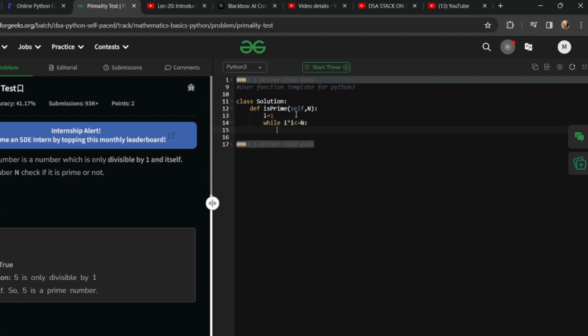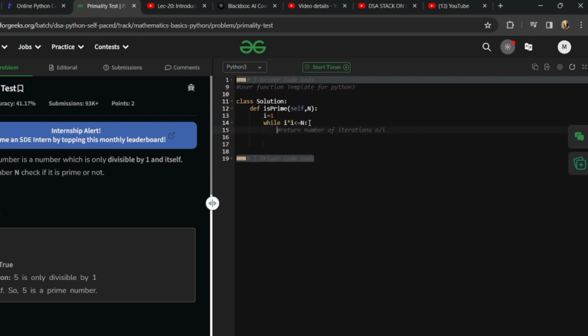This will give us the number of iterations, about the square root of n, because we will get the factors in pairs. So moving forward, let's take care of indentation, otherwise it will return an error.